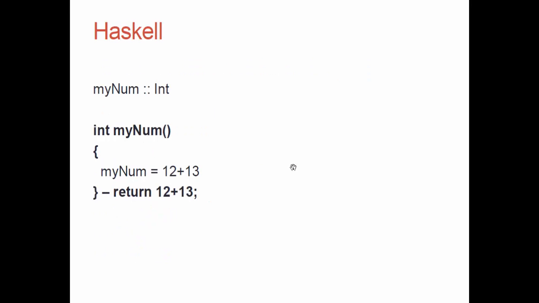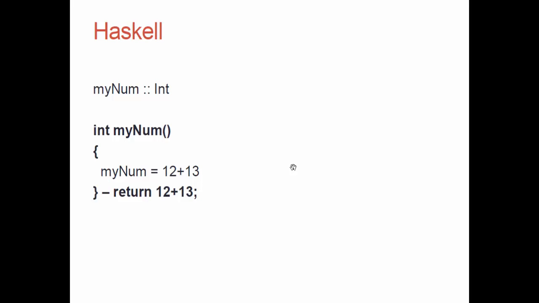Now let's make this point even more explicit, making the computations hidden as functions, such as mynum is defined to be int. So what does it mean mynum is defined to be int?